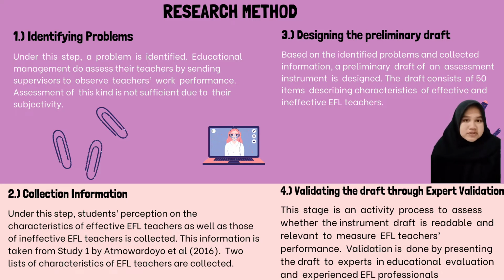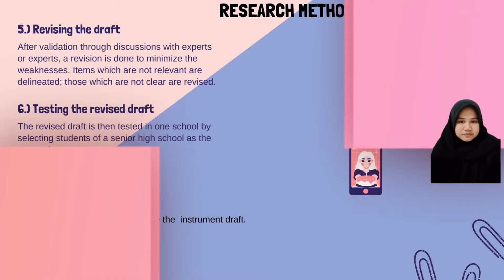The fourth is validating the draft through expert validation. This stage is an activity to assess whether the instrument draft is readable and relevant to measure EFL teachers' performance. Validation is done by presenting the draft to experts in educational evaluation and experience.